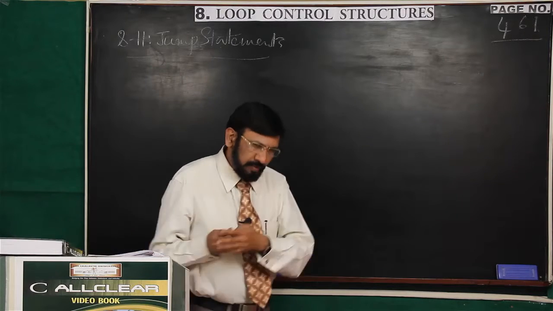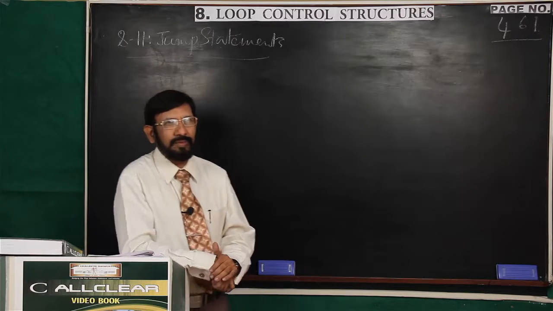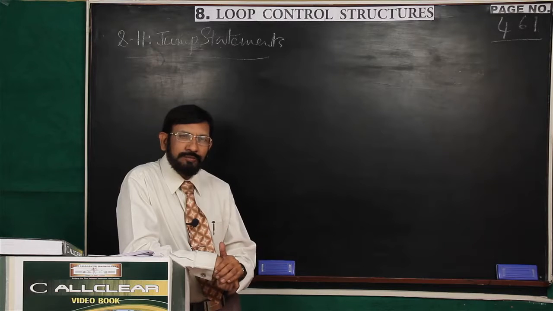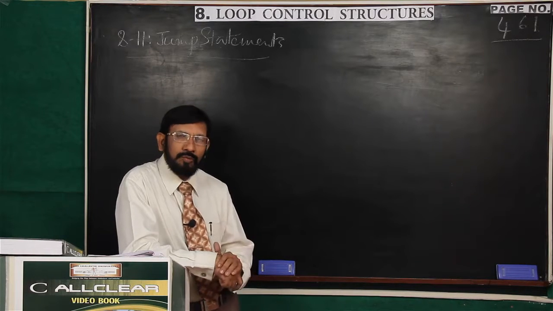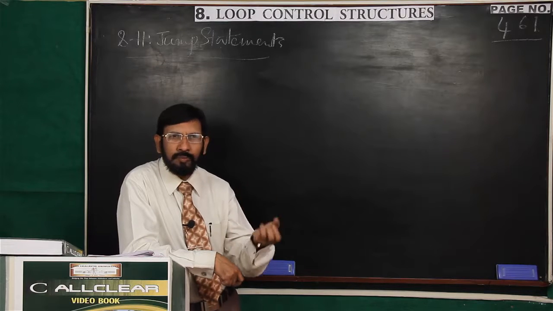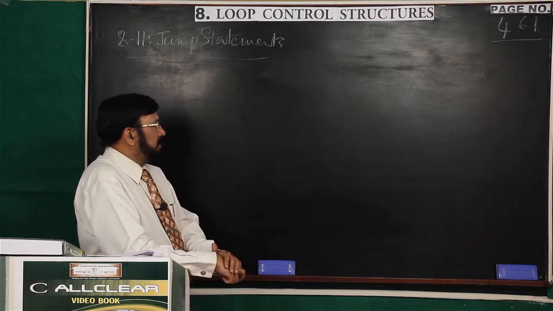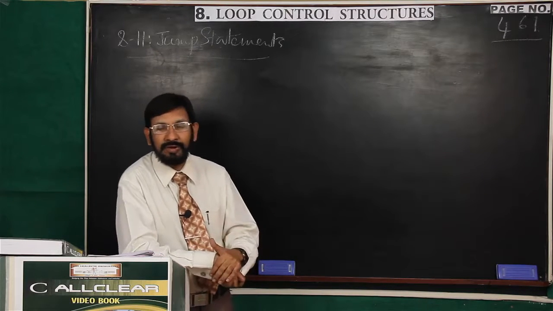Generally, when we use, already I have given an example. You want to collect 1 lakh rupees contributions. Then you do not know how many people you have to approach for collecting 1 lakh rupees. Then you generally create an infinite loop.